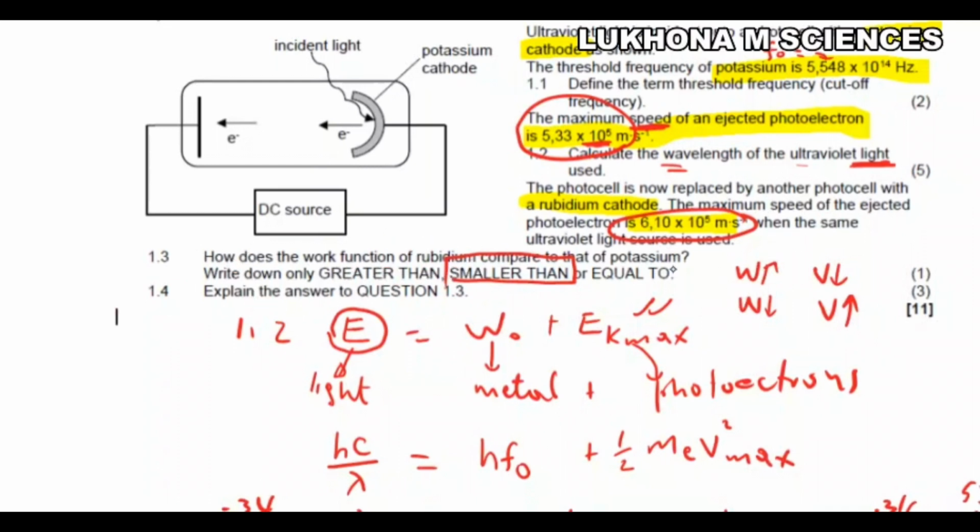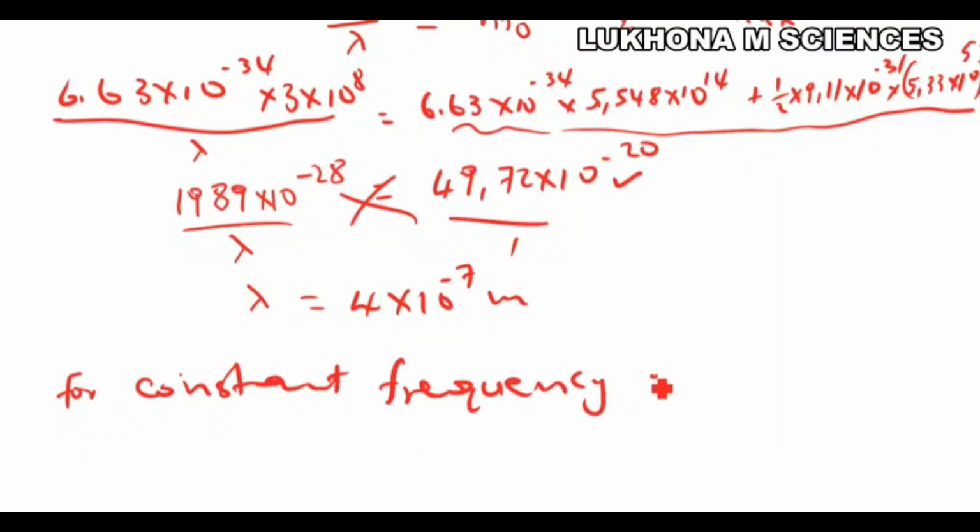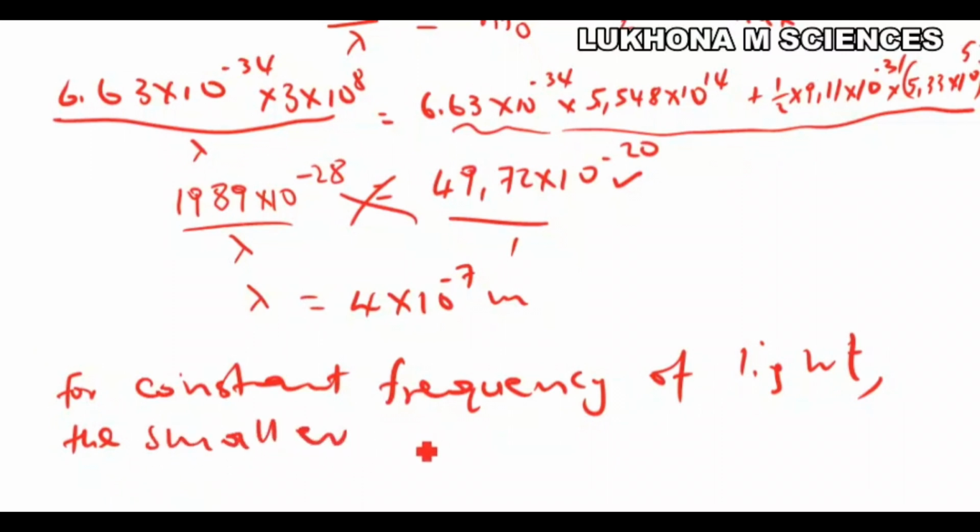For the same frequency of light, if you want to explain that, we'll say for a constant frequency of light, the smaller the work function, the higher the speed.